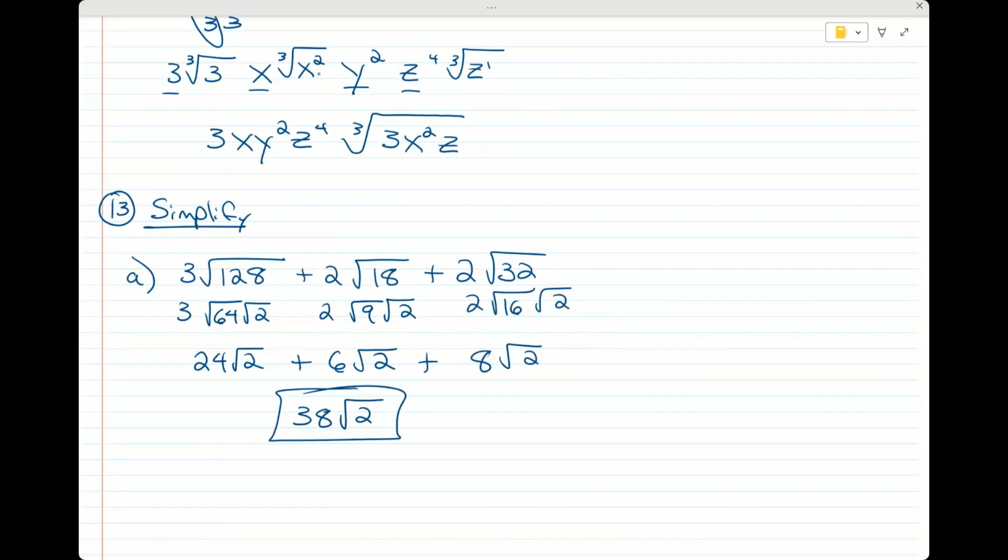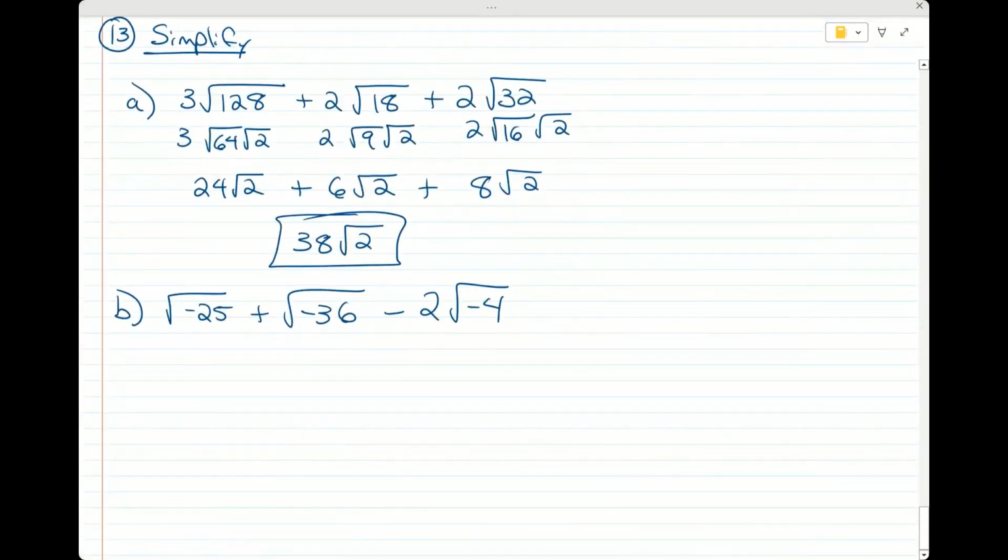With complex numbers, say if we had a problem like this: square root of negative 25 plus the square root of negative 36 minus 2 times the square root of negative 4. In order to simplify this, the first thing we have to do is take out the negative from the radical.